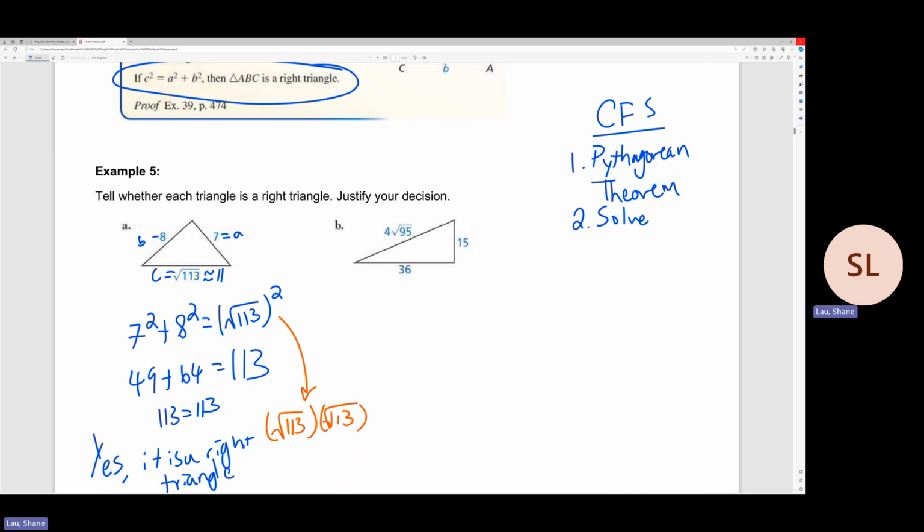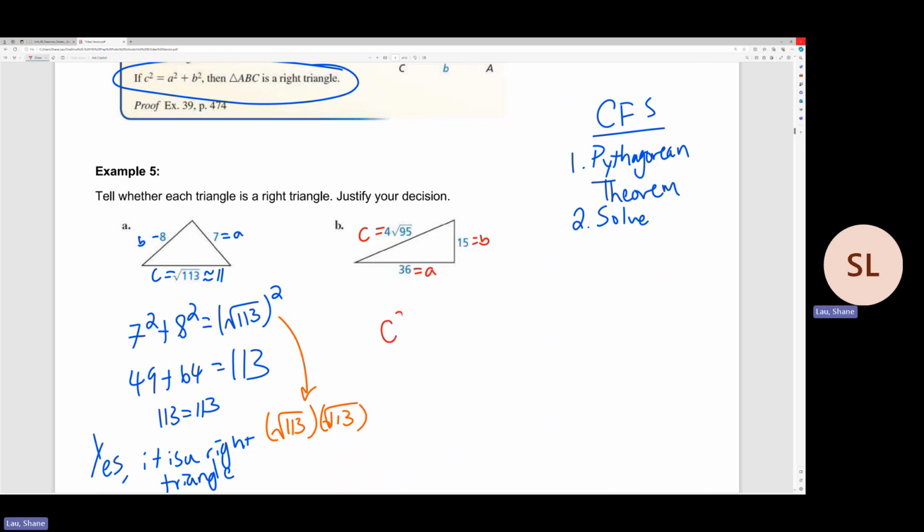That's pretty easy, pretty clear, pretty good for us. I want you to try B on your own. However, let me give you a couple things before you start. I'll go ahead and give you that 4 times the square root of 95 is our C value. It's our hypotenuse. We'll call 36 our A value. We'll call 15 our B value. You want to be careful though.